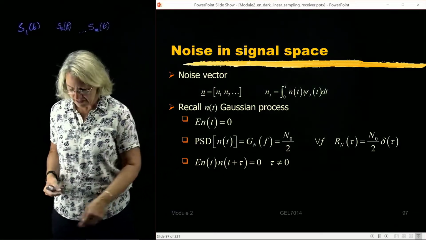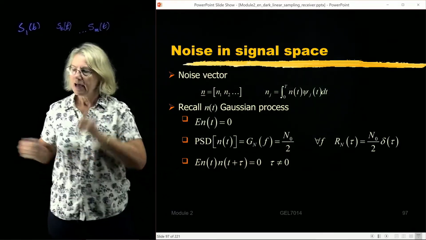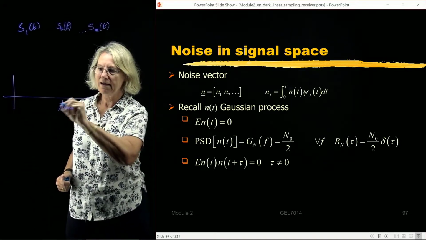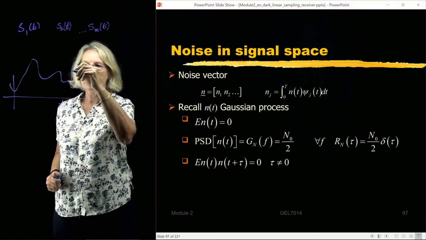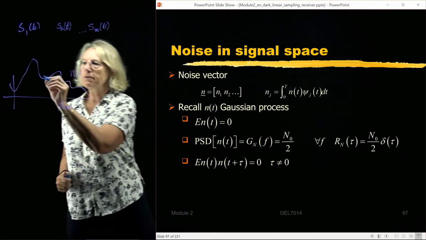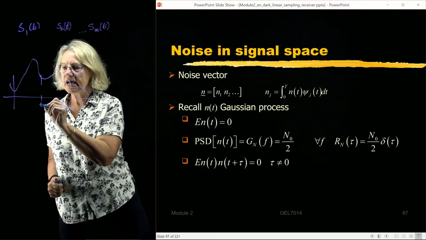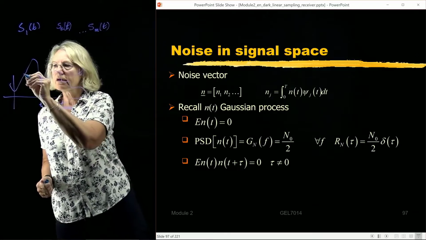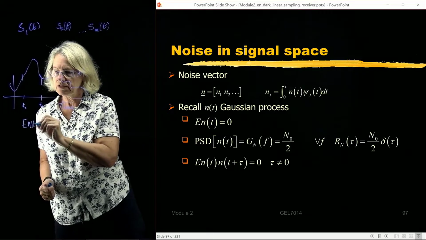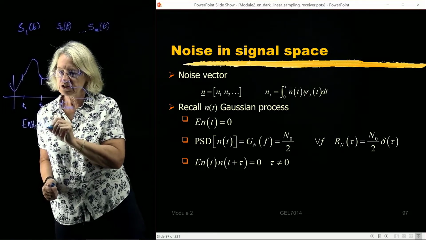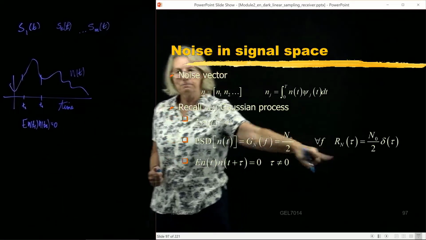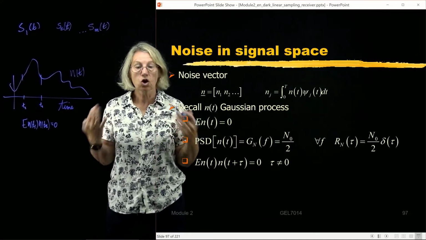If this is time, and this is some random process, n(t), some Gaussian random process, if I take a sample here at some time t1, and another sample here at t2, the expected value of n(t1) n(t2) is 0, because they are uncorrelated.